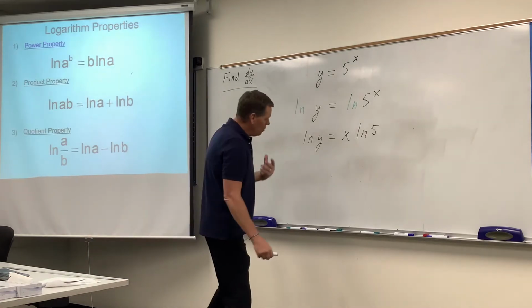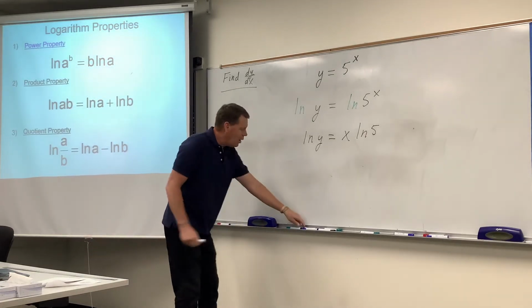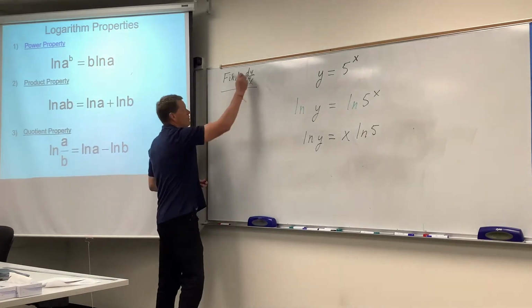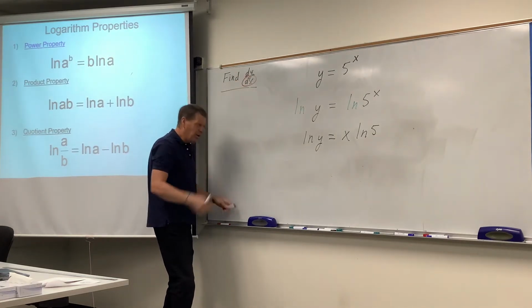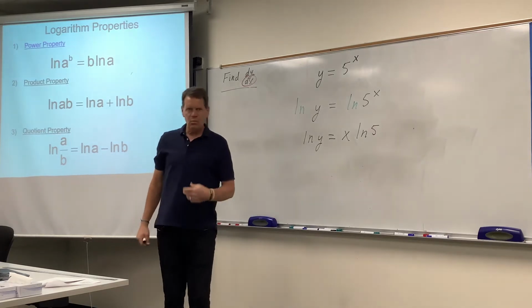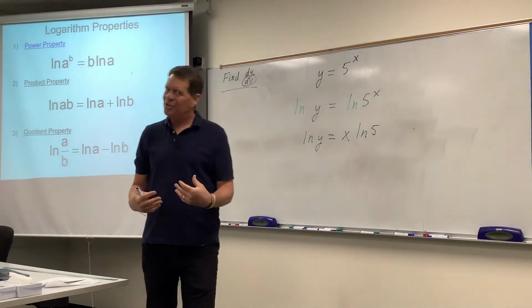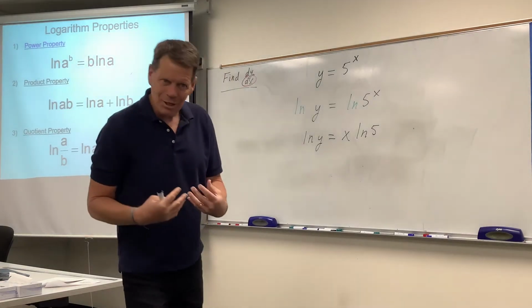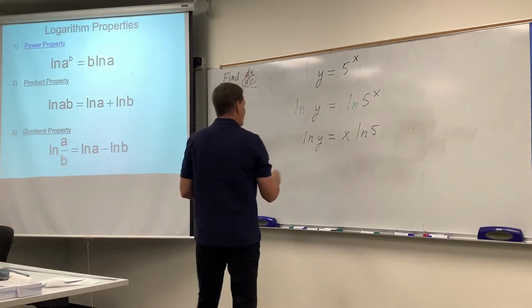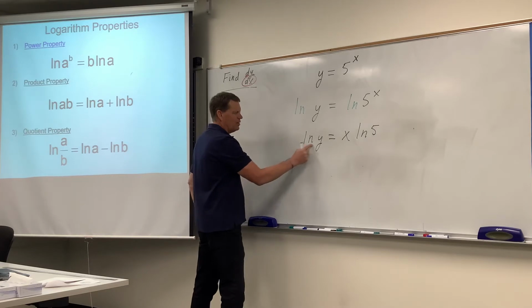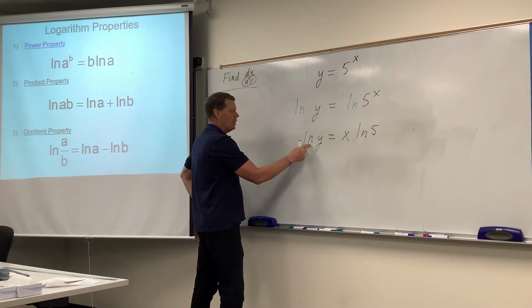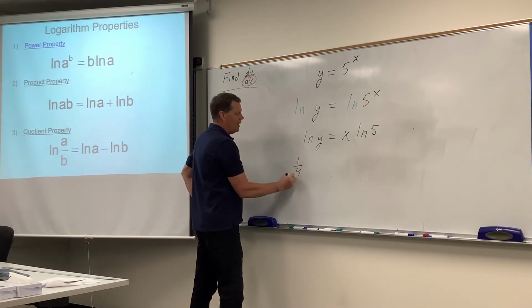And so, moving forward from here, now we can differentiate both sides of this thing with respect to x. Now, this is where we do that implicit differentiation, which was a long time ago. If we differentiate both sides with respect to x, here we go, chain rule, natural log, that'd be 1 over y.